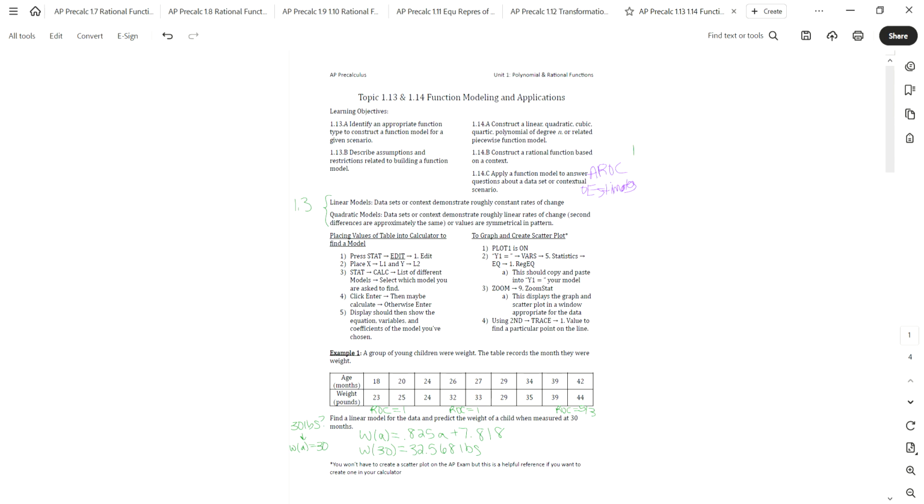No, that was a logarithmic model in the context of the entire FRQ. They were using 14C as an indicator for a logarithmic model. I understand that we don't see logarithms until unit 2, but this applying a function model, you can talk about whether it's a function from unit 1 or unit 2. Okay.